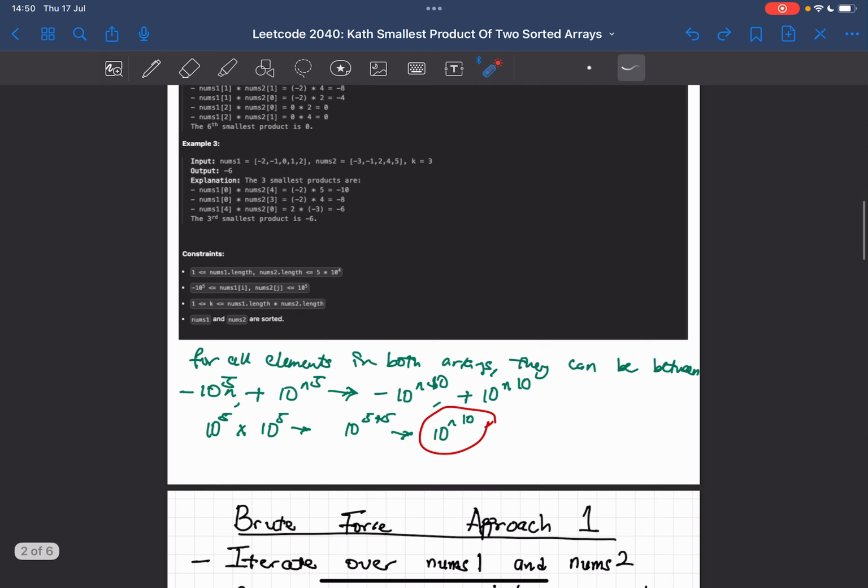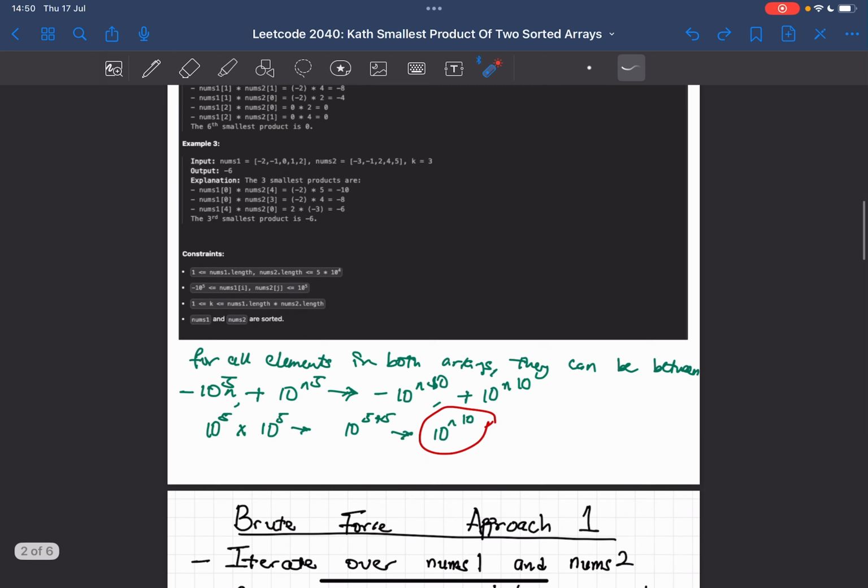So if A is 0, we count all values in nums2 if mid is greater than or equal to 0. Why? Because if mid is negative, say for example this calculation results in mid being negative 1000, for example, negative 1000.